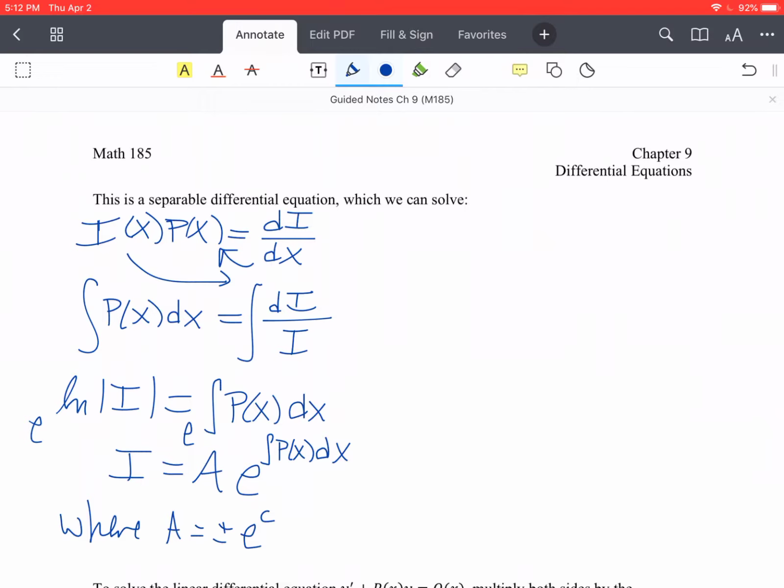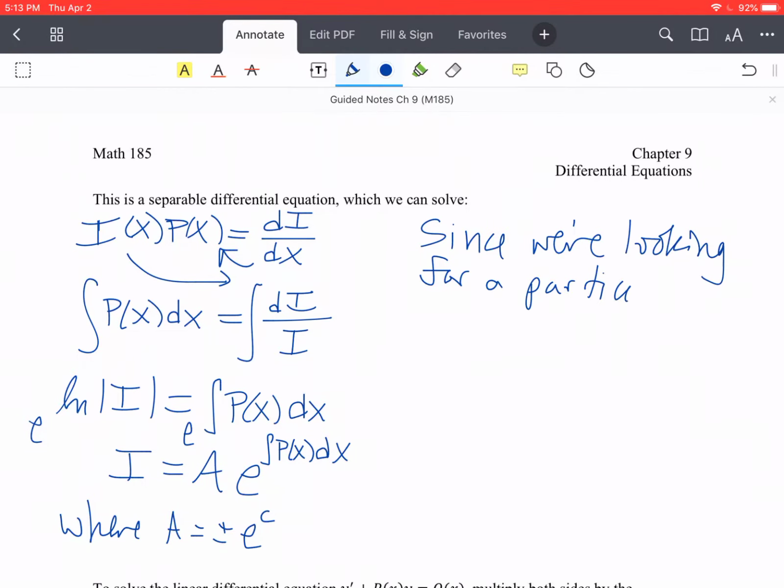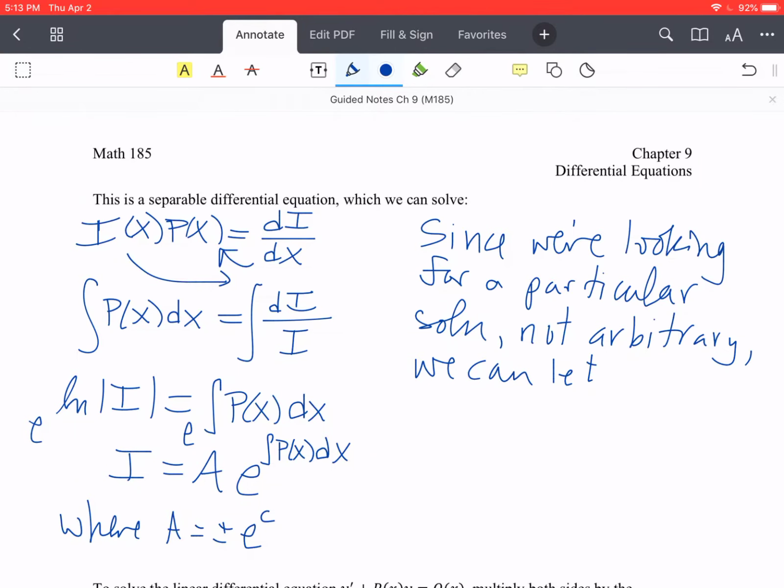However, in this circumstance, because we're looking for a particular solution to this differential equation, and not an arbitrary one, we don't need the arbitrary constant to be arbitrary. We can pick whatever we want for the c value, for the a value, what have you.